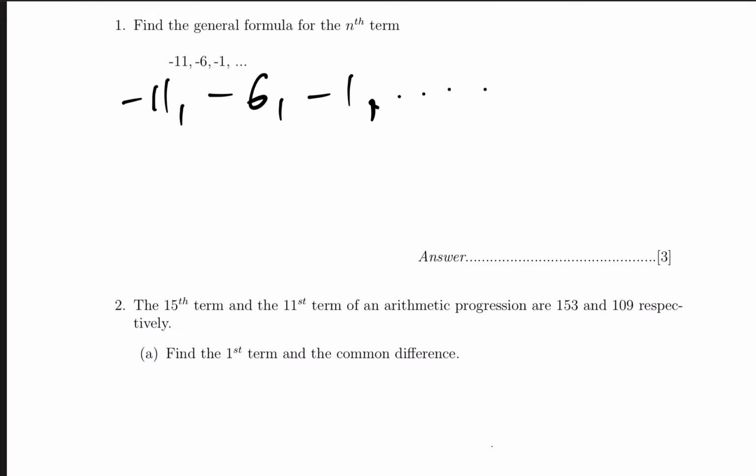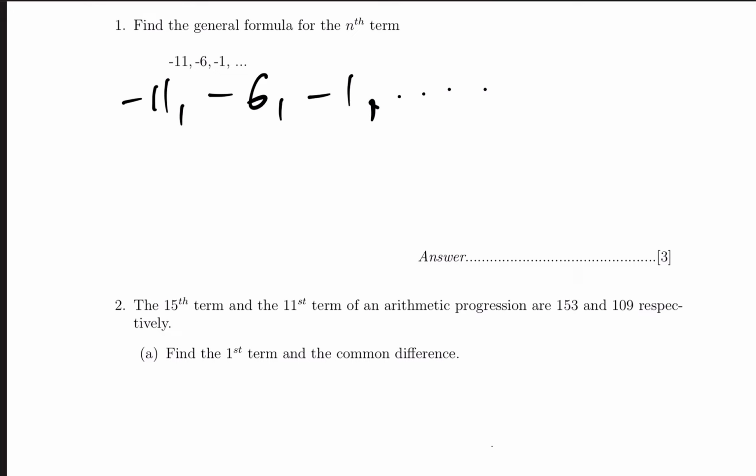The question didn't specify the type of sequence that we have. So before using any formula, we first have to determine whether it's an arithmetic sequence, a geometric sequence, or any other type of sequence.